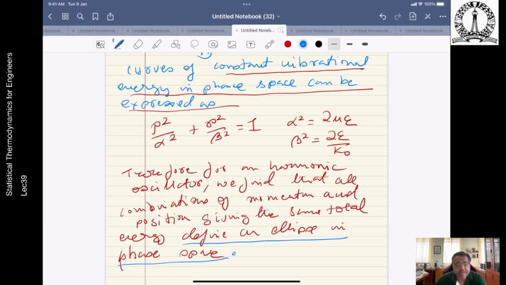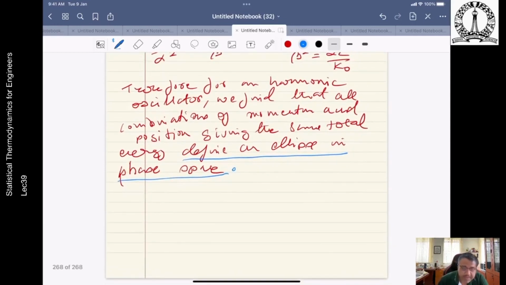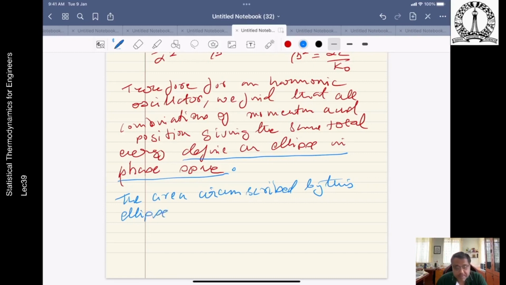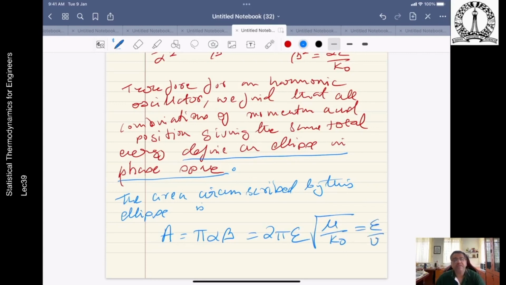The area circumscribed by this ellipse is A equals pi alpha beta, which is 2 pi E by omega naught.